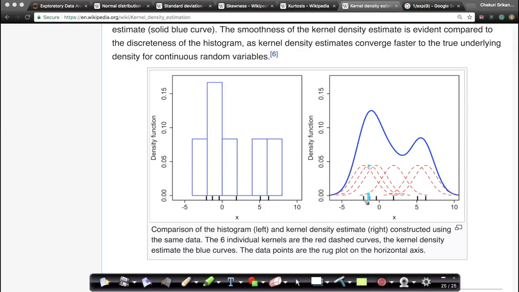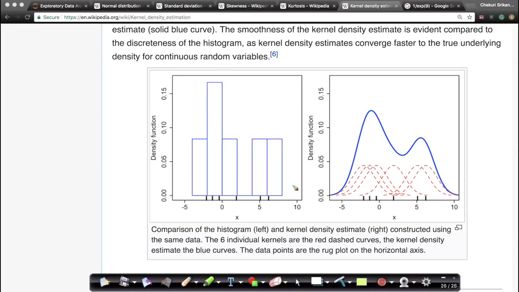Since these 2 points are in the proximity of my blue point here, I'll also get very high values of the Gaussian kernels here, and all 3 of them will add up to create a very large value. So if points are crowded here, or if there is a high density of points here, my height will be more. This is one way of smoothing. This is called kernel density estimation using Gaussian kernels.